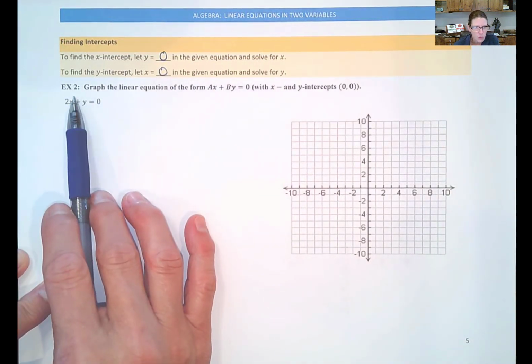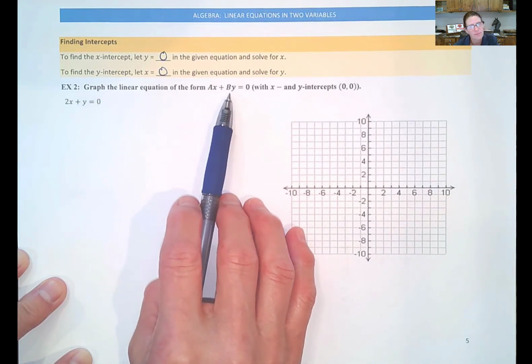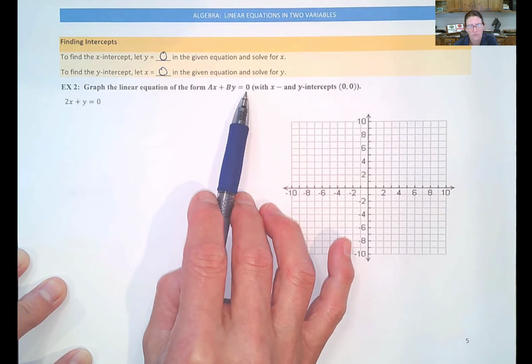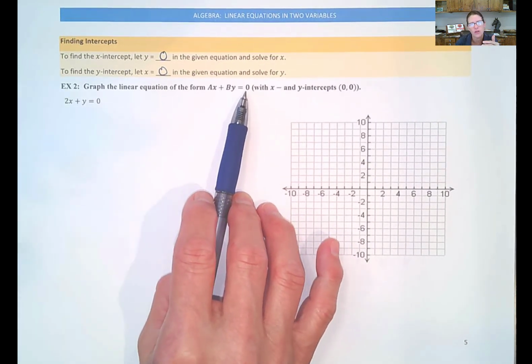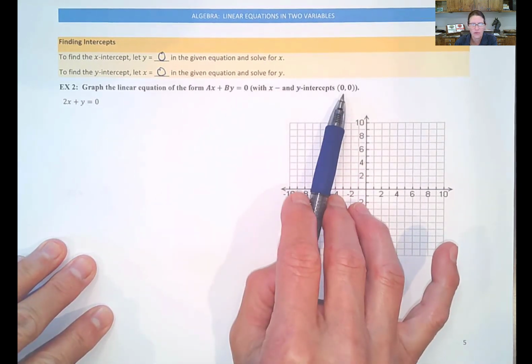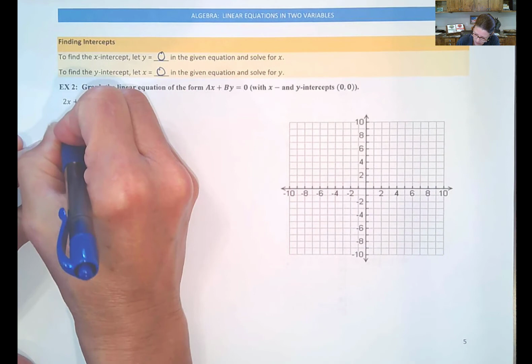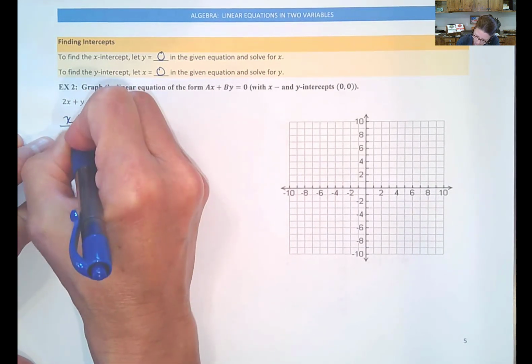Now, in example 2, graph the linear equation of the form ax plus by equals 0. Okay, so here's an equation that's going to have x and y intercepts at (0, 0), the origin. And let's make note of that.